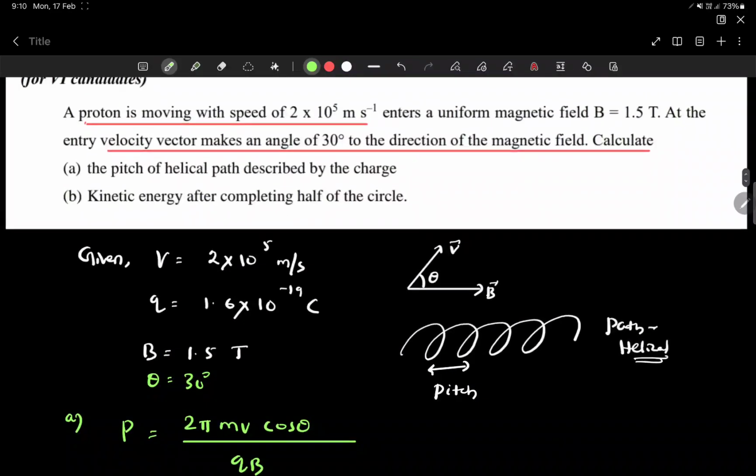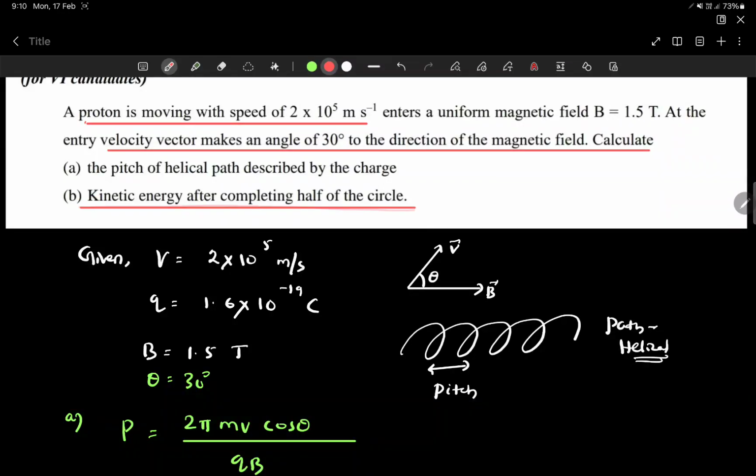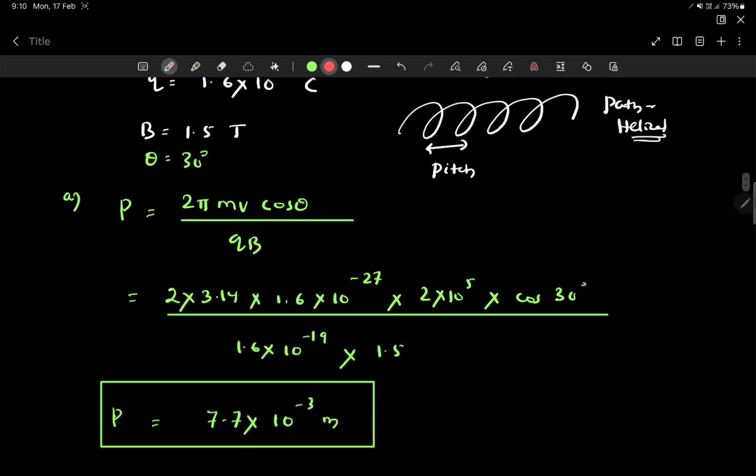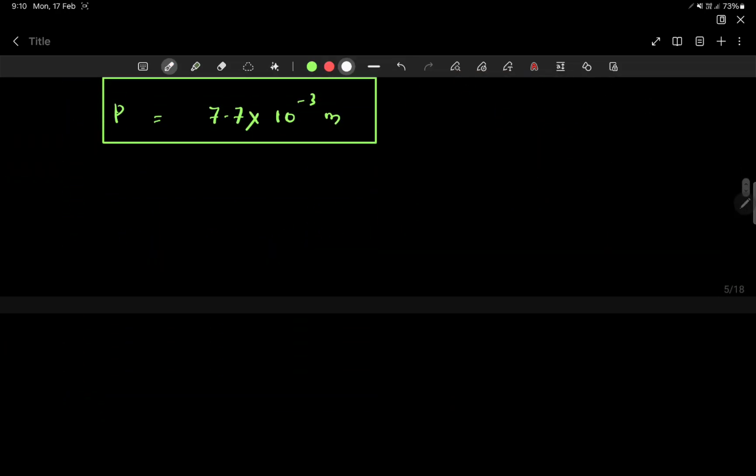In the second bit it is asking for the kinetic energy after completing half of the circle. In the helical motion, after completing half of the circle, your speed is constant, the magnitude remains constant, but the direction changes continuously.